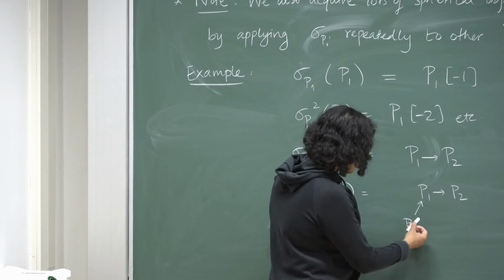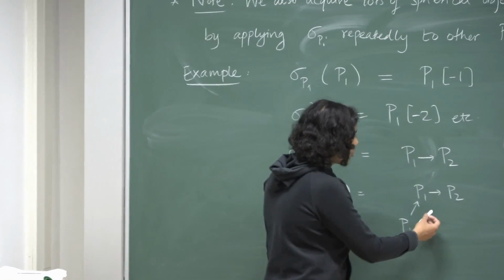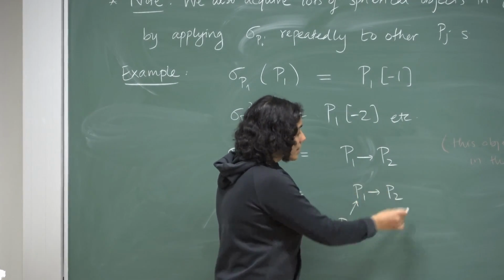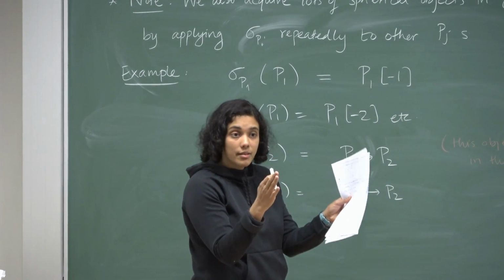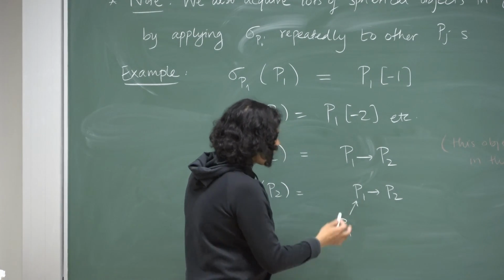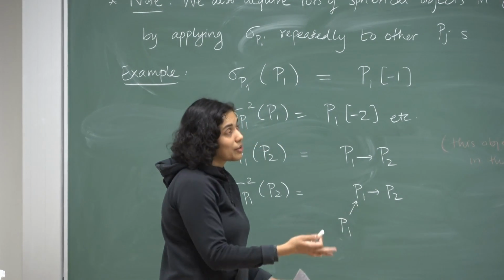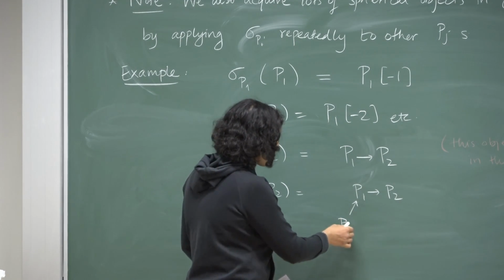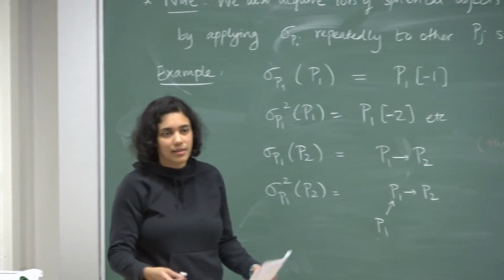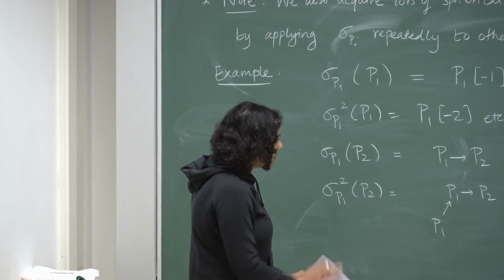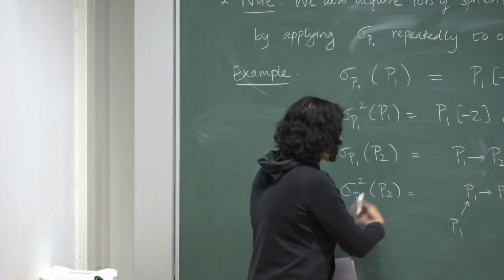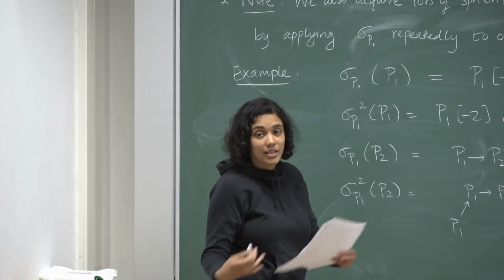I'm writing it this way to denote that this object P1 to P2, despite appearances, lives in the middle heart of the T structure, and this little piece here is one homological degree away. So somehow the complex should be thought of as this object in degree -1 and this entire object in degree 0. It's a little bit quirky, but don't worry too much. This is to give you a flavor of what happens as we start applying twists to other objects.